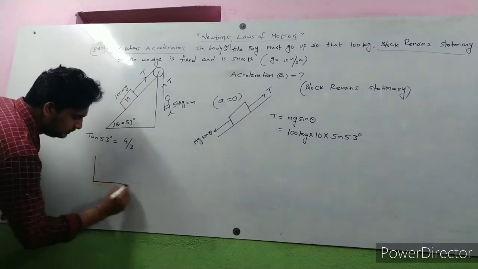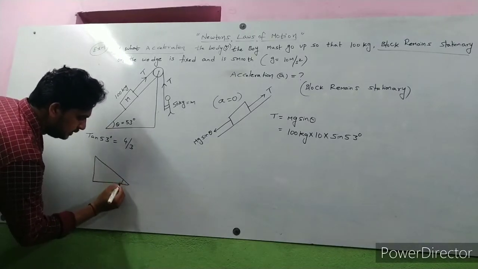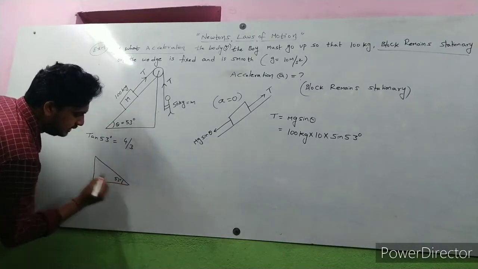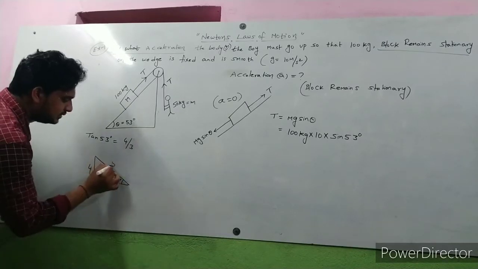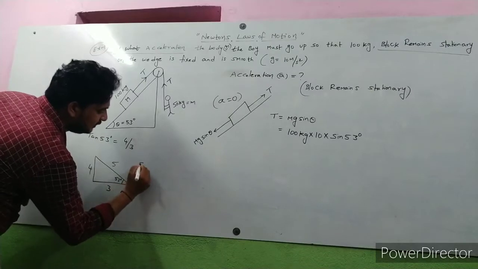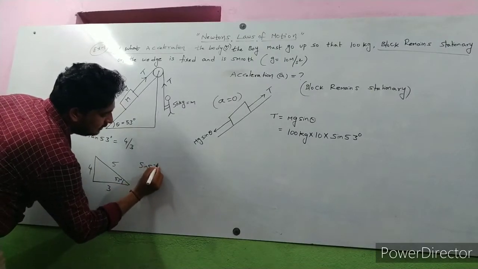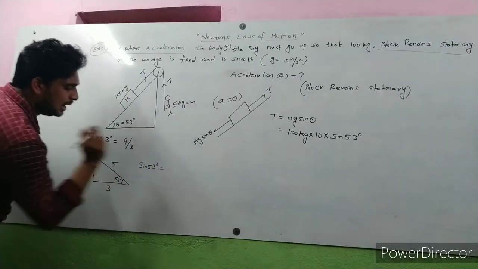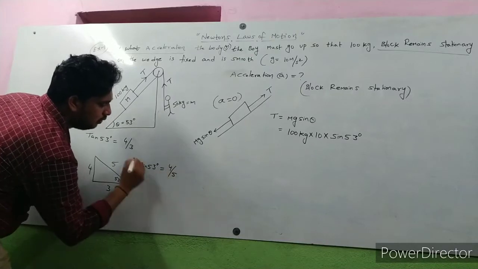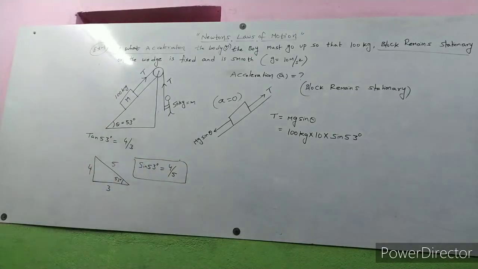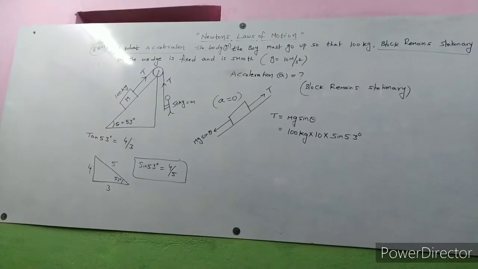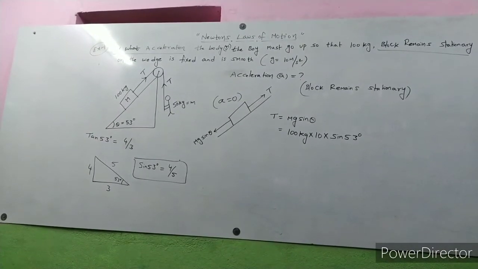So observe carefully: this is 53 degrees, this is the opposite side, this is the adjacent side, then definitely the hypotenuse is 5. So sin 53 degrees is equal to opposite side by hypotenuse, that is equal to 4 by 5.